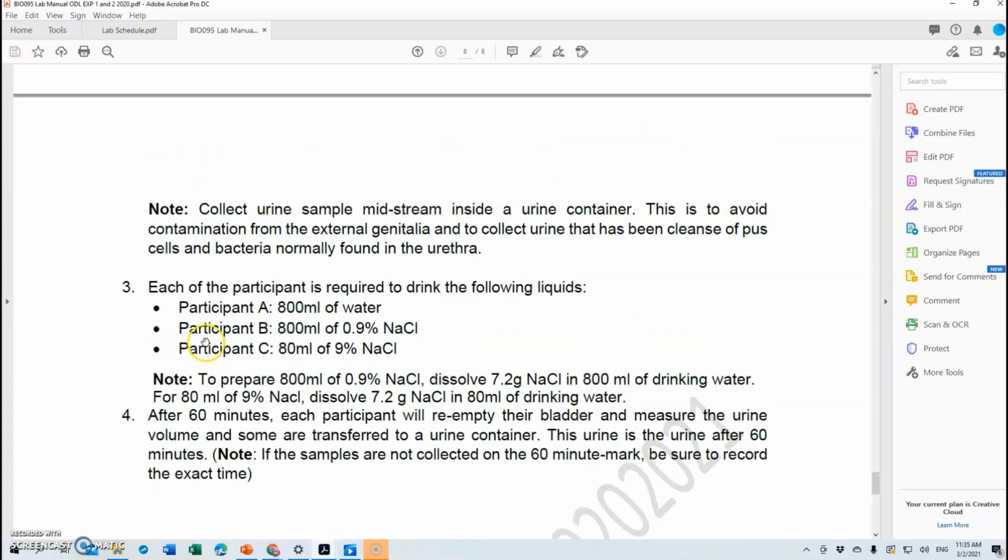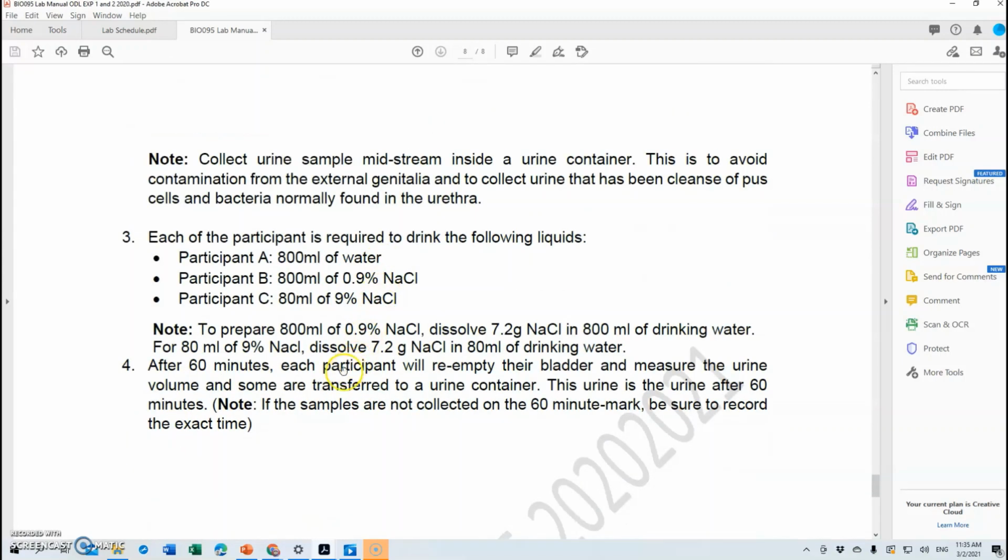So you could also observe the difference in the color of the urine before and after. You could observe the color and the transparency of the urine sample for the initial urine sample and also for the final urine sample. So in your table you could include, obviously, the volume for the initial and the final urine collected.